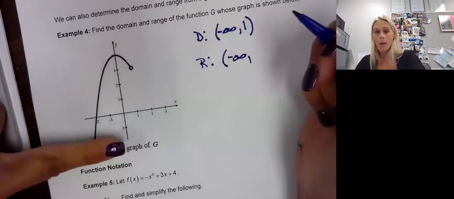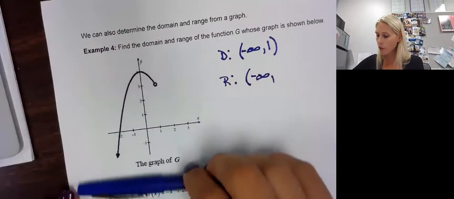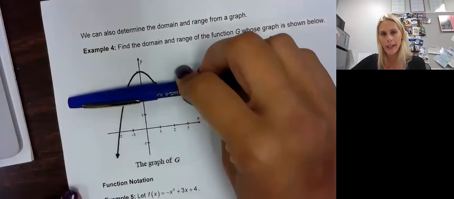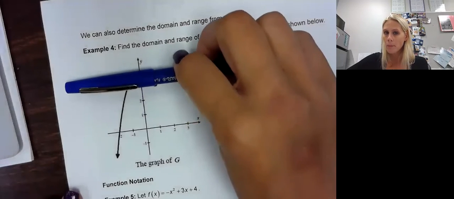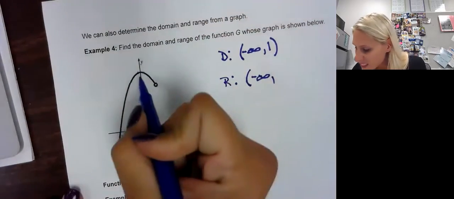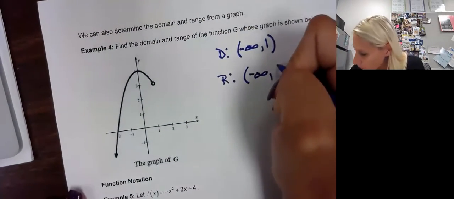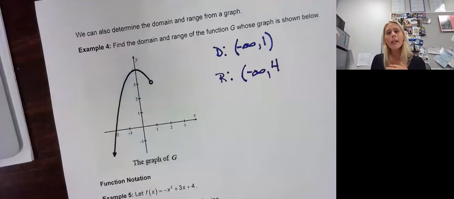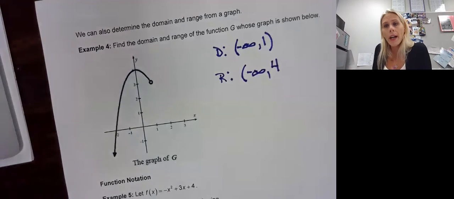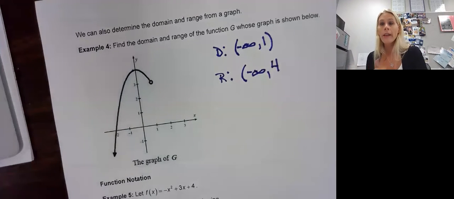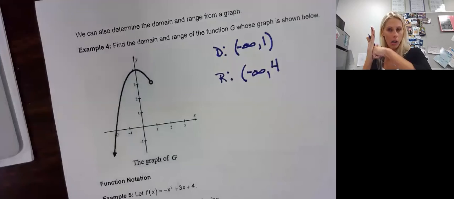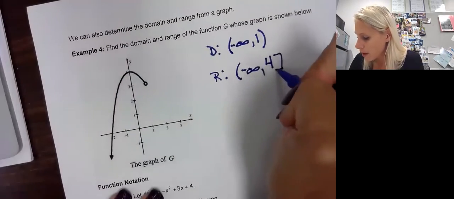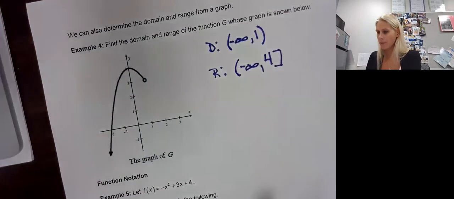And then if we go up, make sure you're careful because we don't stop at that 3 because see, I still have graph to go. So if I go all the way up, the last part I hit, it's hard to read that there, but it is 4. Really quickly, is it a hole there or is it continuous? It's continuous. We would see the hole if there is a hole. So since it hits 4, I think of it like hitting 4 like a wall. We do a bracket. Very good.